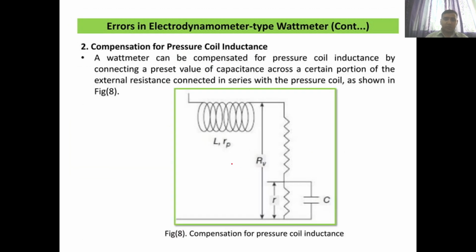Okay, that is how we correct the error in the potential coil. Now the second thing: how we compensate the pressure coil inductance. In one case we have to add the correction factors.